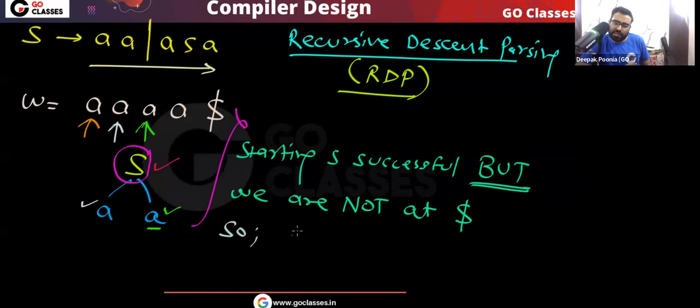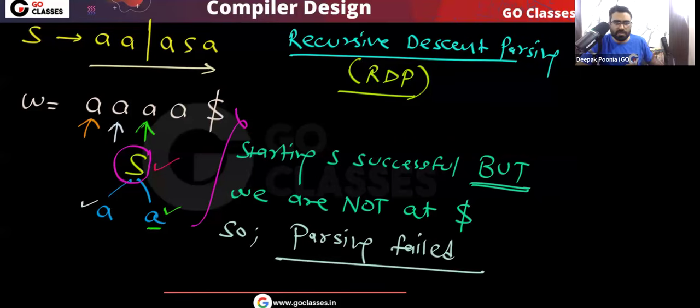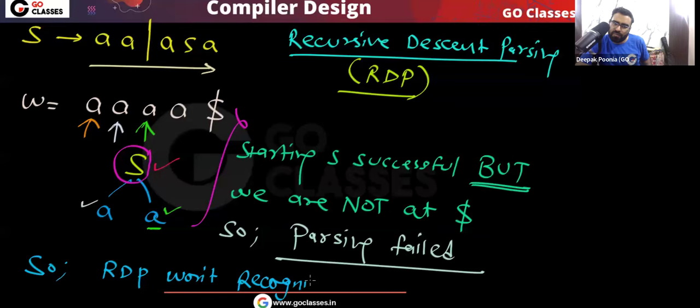It means that parsing failed. So the recursive descent parser will reject this string; it won't recognize this string. Is this point clear? Please tell me.